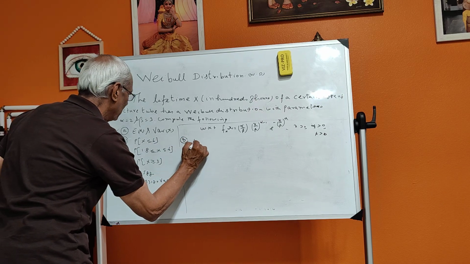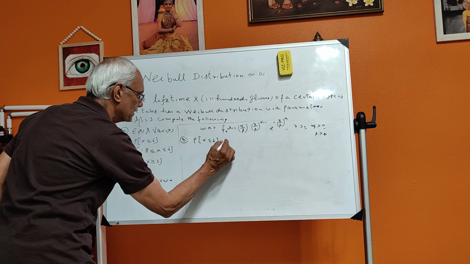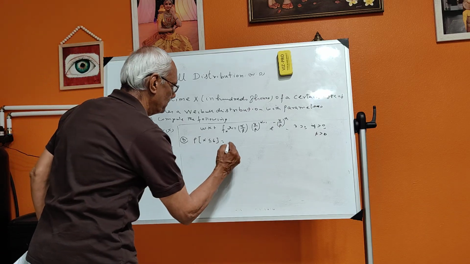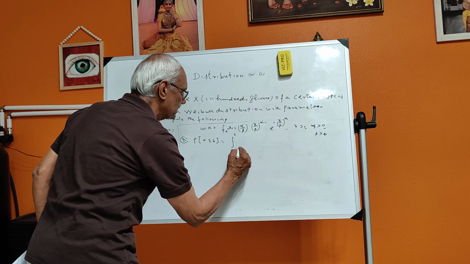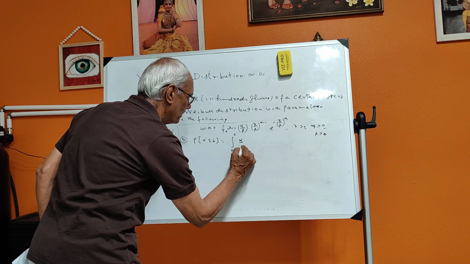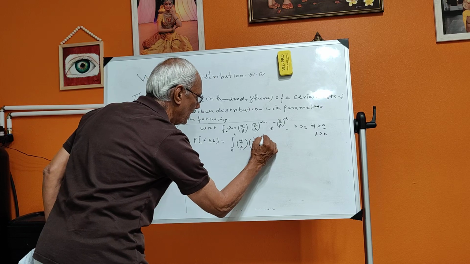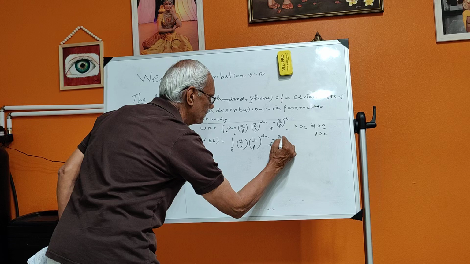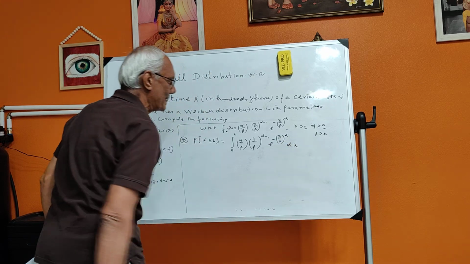Your B question is P of x less than or equal to 6. So if you put P of x less than or equal to 6, this is nothing but the integral from 0 to 6 of alpha by beta into x by beta to the power of alpha minus 1 into e to the power of minus x by beta to the power of alpha into dx.